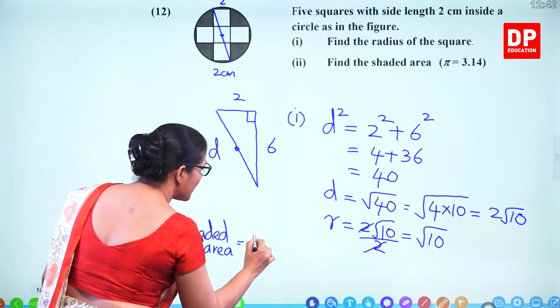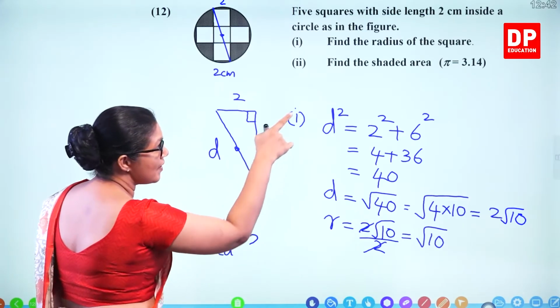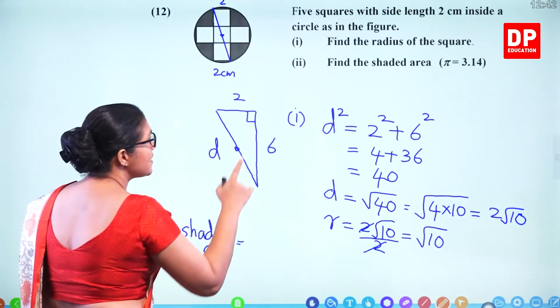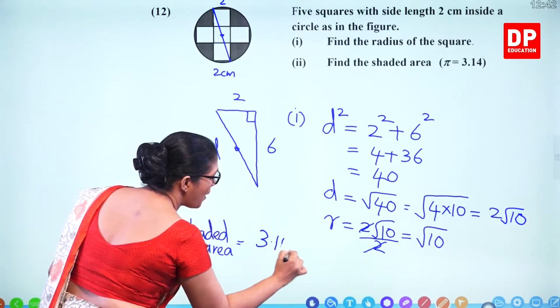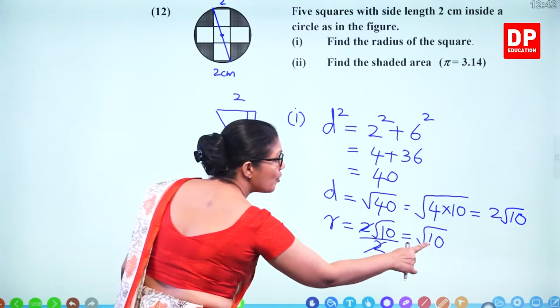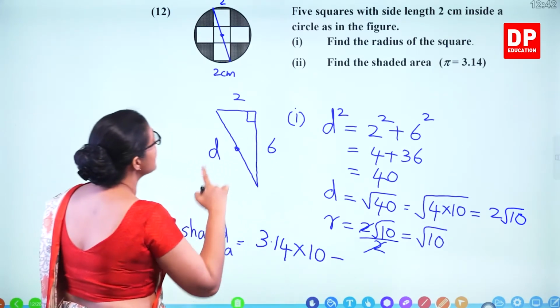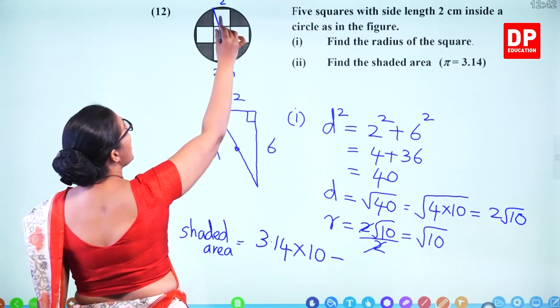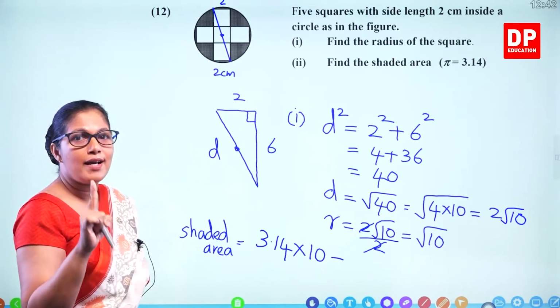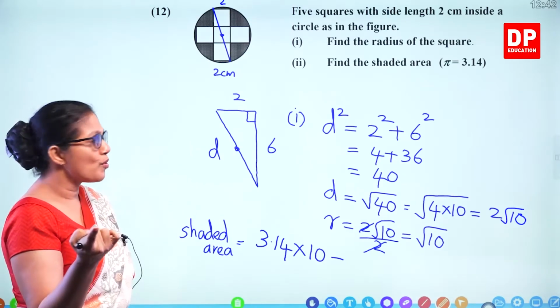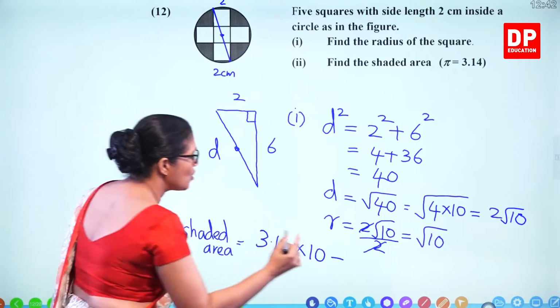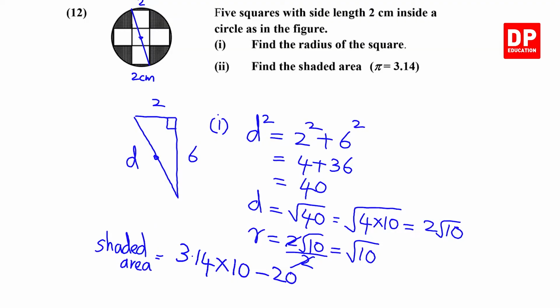Pi r squared, 22 over 7, but here you can take pi as 3.14. Pi r squared, root 10 into root 10, that's 10. Minus 5 times area of 1 square. 2 times 2 is 4, that's 1 square. 4 times 5, 20. So you subtract 20 there.